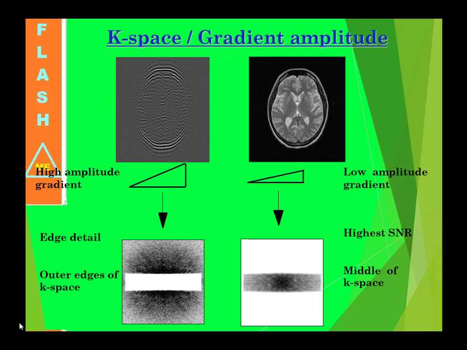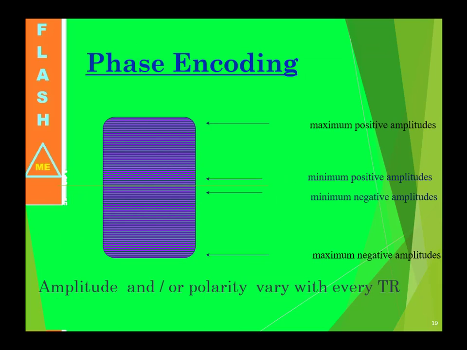Edge detail is in the outer edges of K-space, highest signal in the middle of K-space. Phase encoding: maximum positive amplitudes, minimum positive amplitudes, minimum negative amplitudes, maximum negative amplitudes.